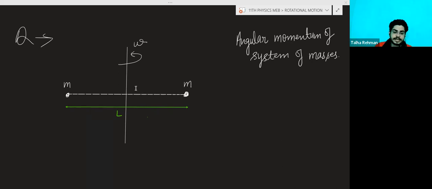So for calculating the angular momentum, we'll apply L is equal to I into omega.